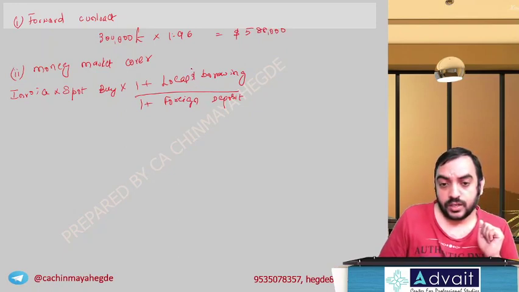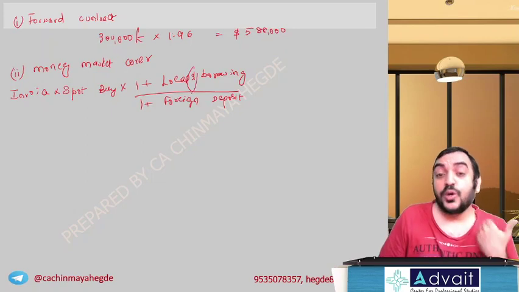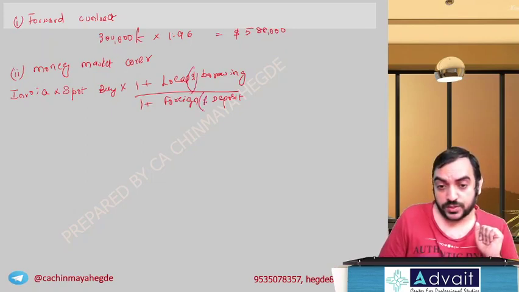Local means dollars, because it's a US firm, not a UK firm, and foreign means pounds.